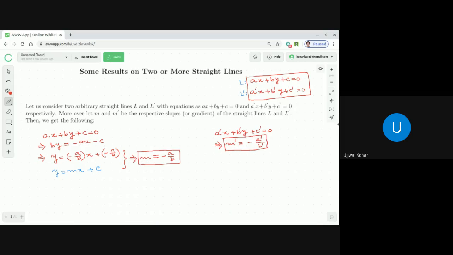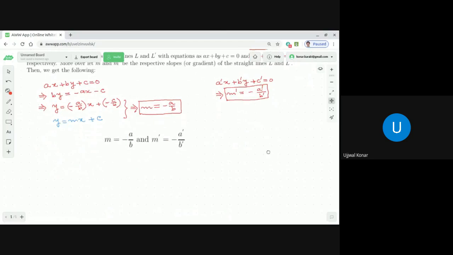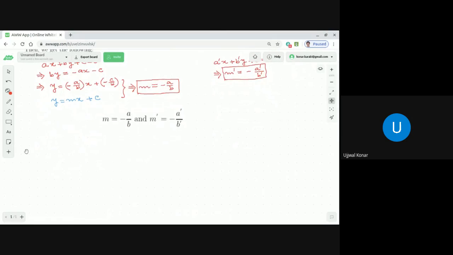We already derived it, but I'm just writing it down. The first and foremost thing is that the two straight lines are parallel if their slopes are equal.